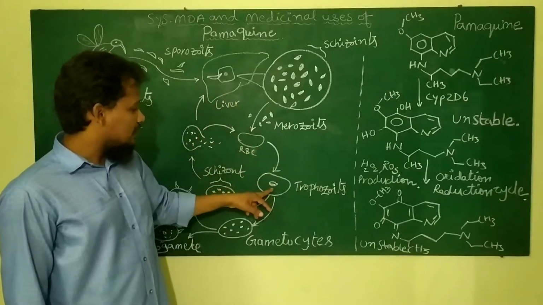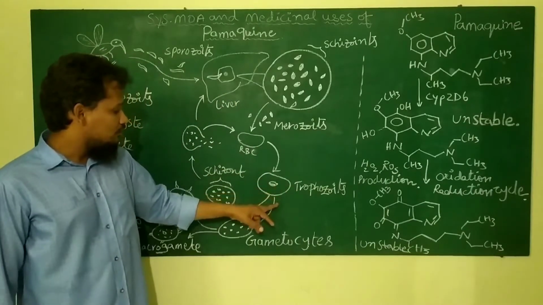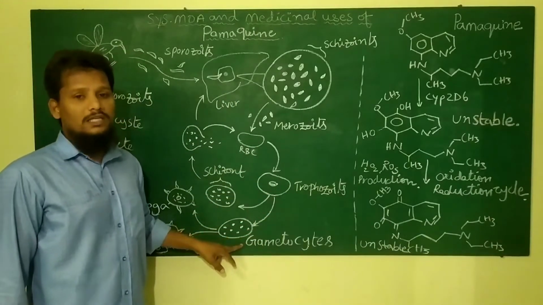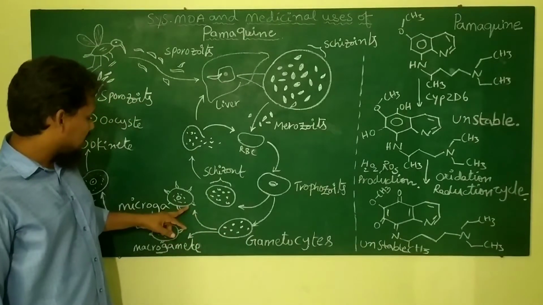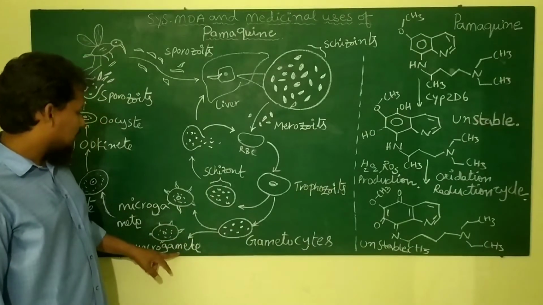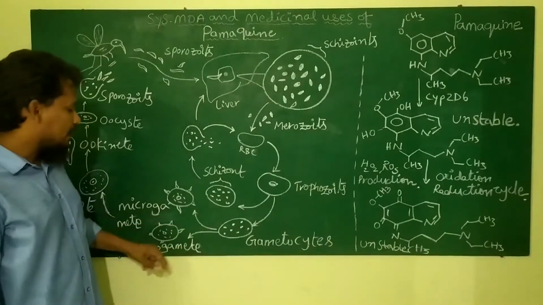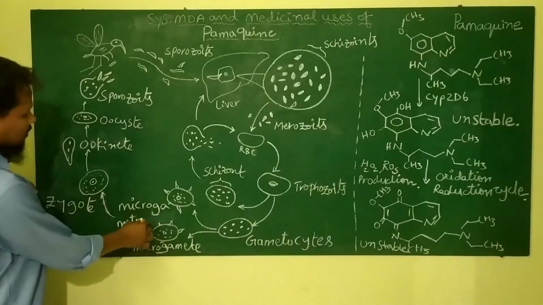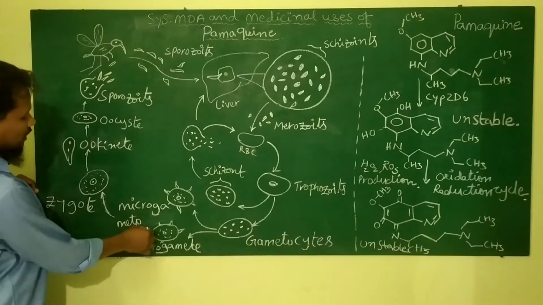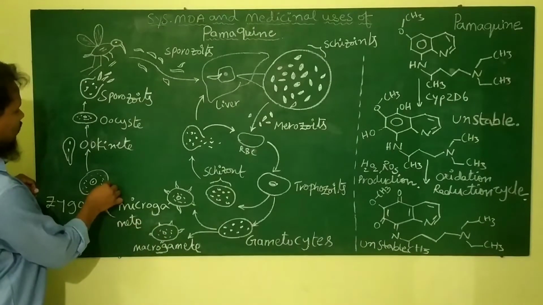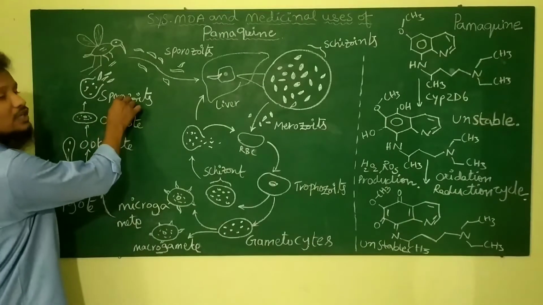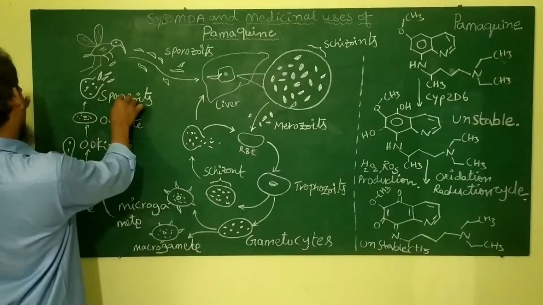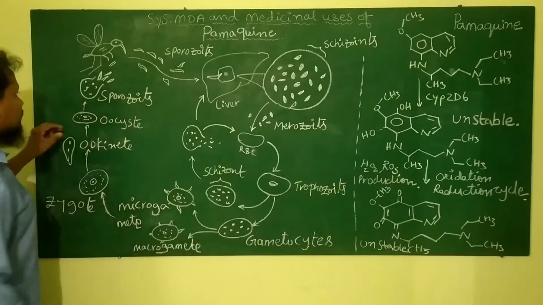In another way, the trophozoites produce gametocytes. The gametocytes develop a microgamete and a macrogamete. The microgamete and macrogamete combine to form a zygote, and then ookinete, and then oocyst, and then sporozoite.